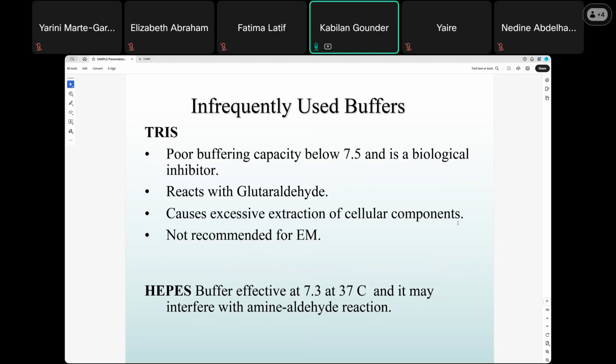For these reasons, we cannot recommend it for electron microscopy studies. There is another buffering system, HEPES buffer, which is effective at neutral pH. The temperature is 37 degrees centigrade, and it may interfere with amine aldehyde reactions.